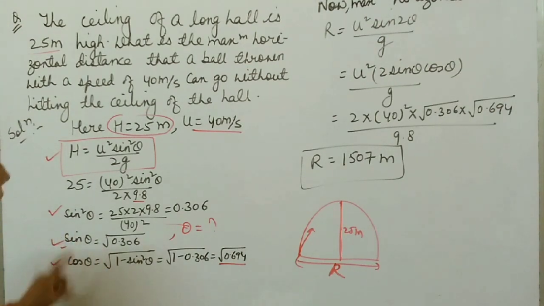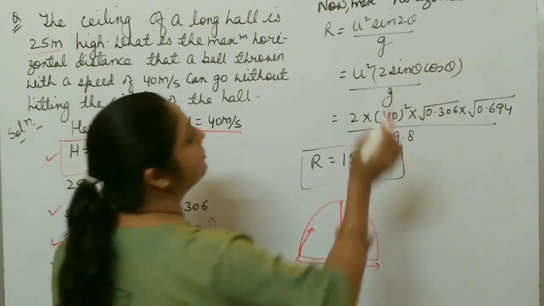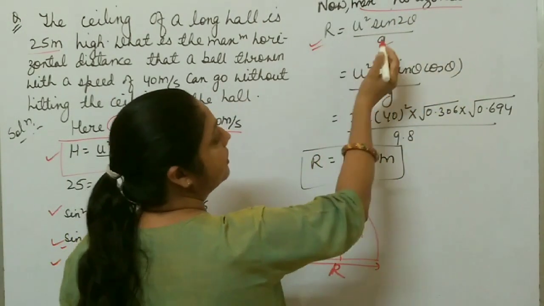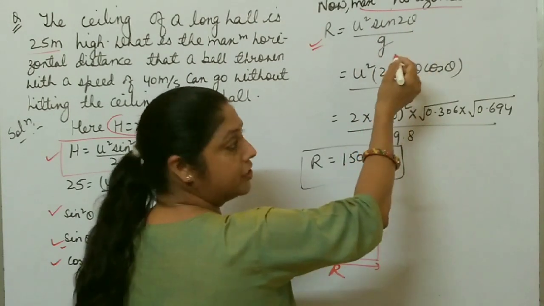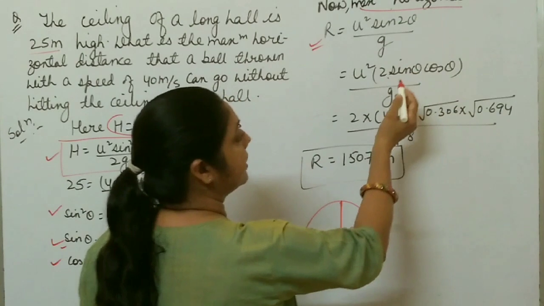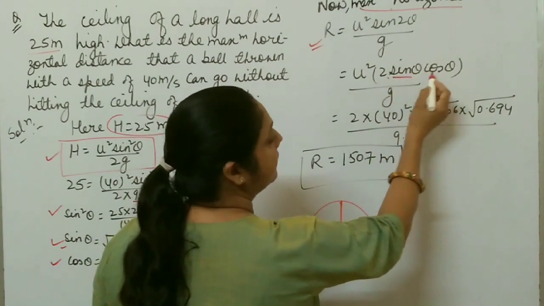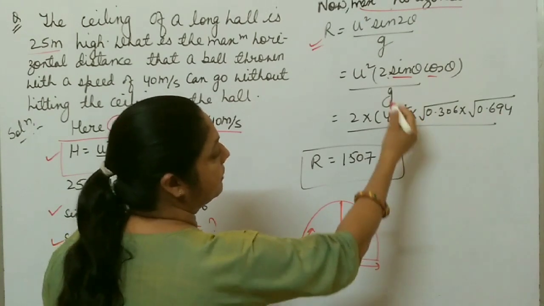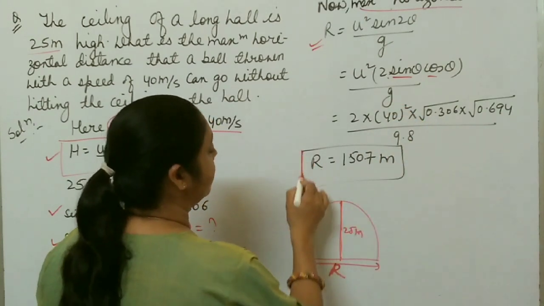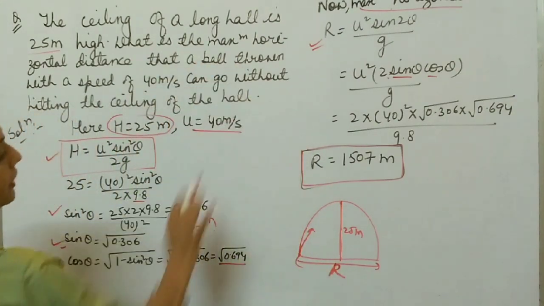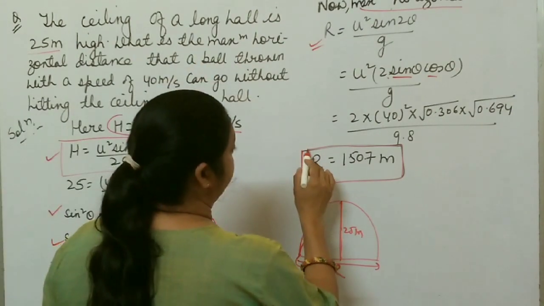So after finding sin theta and cos theta, now I have to find the maximum horizontal distance. The formula for this is what? Range, U square sin 2 theta by g, right? So sin 2 theta is what? 2 sin theta cos theta. So just put the value of sin theta and cos theta here. U 40 square divided by g 9.8, you get the maximum horizontal distance that a ball can go without hitting the ceiling of the hall, right?